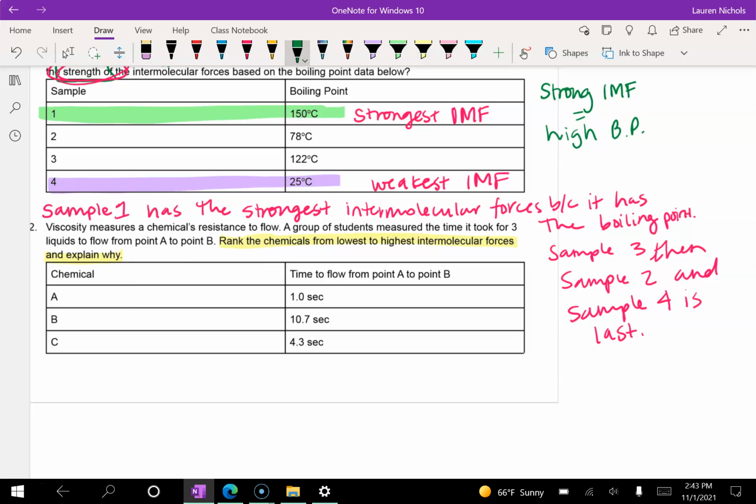So if something took 1 second to flow from point A to point B, option B, or chemical B, took 10.7 seconds, and option C took 4.37 or 3 seconds. We know that this one has the highest viscosity because it took the longest to flow, whereas this one had the lowest viscosity.